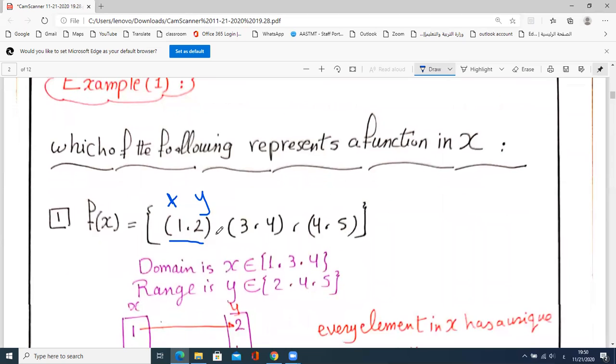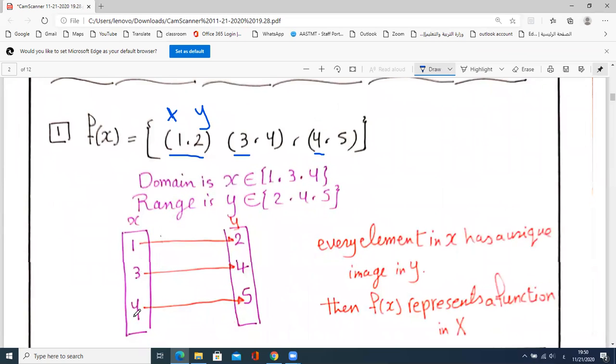Okay, then the domain is 1 or 3 or 4. This is the domain, 1 or 3 or 4. We use this diagram, which is called the arrow diagram, to organize the data, to organize the values of x and the values of y. When x equals 1, the value of y is 2.